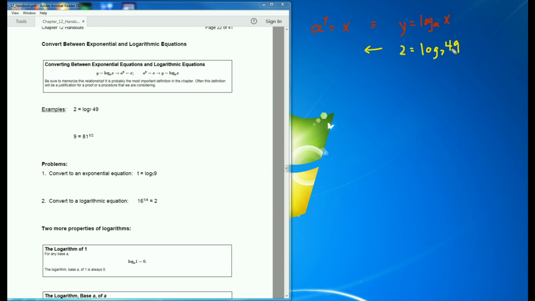So x is 49. In other words, 49 equals, and then the base is 7, and the exponent y is 2. Oh, yeah, 7 squared equals 49. We knew that. So this is equivalent to this. That's your equivalent exponential equation: 7 squared equals 49.